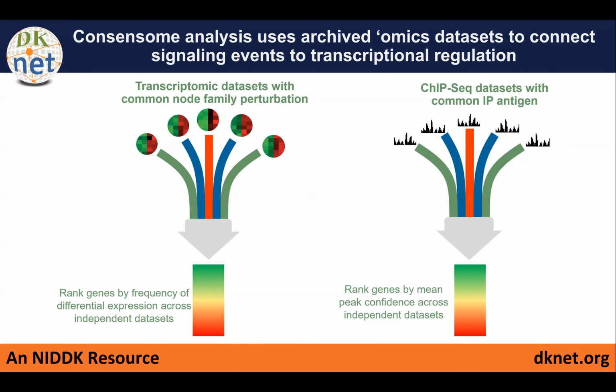That's the first kind of consensome. The other type of consensome is the ChIP-seq consensome. Here, we're looking over multiple independent experiments that all have a common IP antigen, for example FOXA1 or estrogen receptor alpha, and we then rank the targets by the mean peak height, which basically indicates the confidence with which a particular peak for an antigen can be identified.